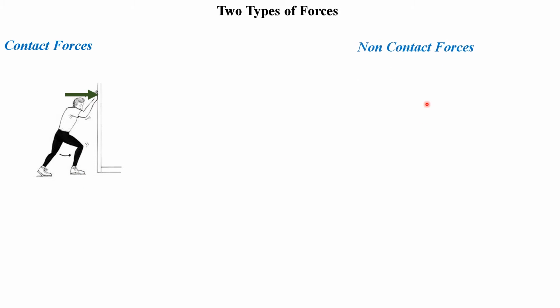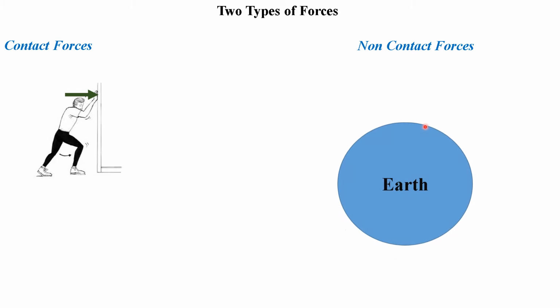In contrast, non-contact forces do not need the two objects to be in contact, like the earth and a mass, or any two objects, the gravitational force in nature. So here, these two masses do not need to be in contact with the earth so that they can have weight.